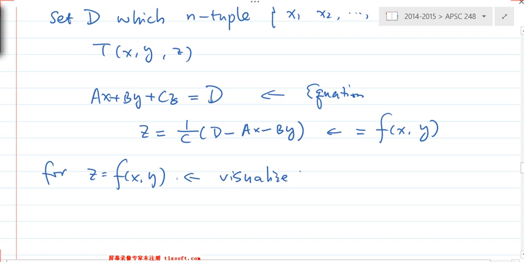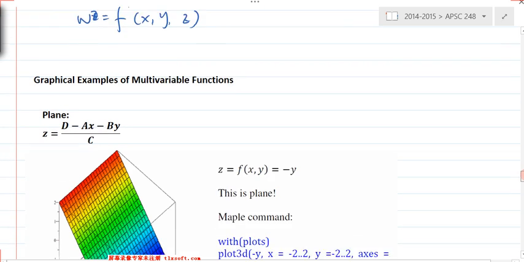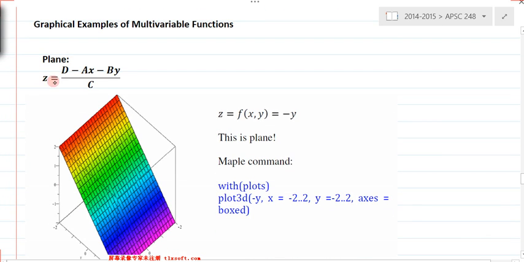I want to show you a couple of interesting ones to get some ideas of what they are. But you need to know that if you have w as a function of x, y, z, you can't sketch it in 3D space. So here are a couple of things. z equal to this, what we just said, is a plane.